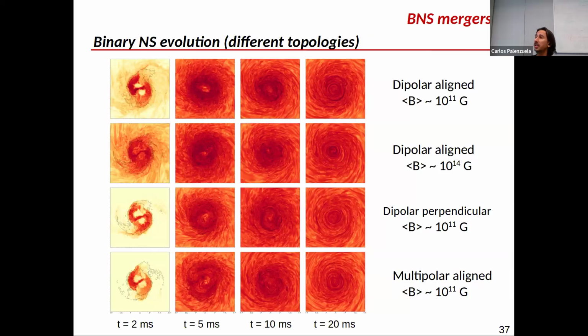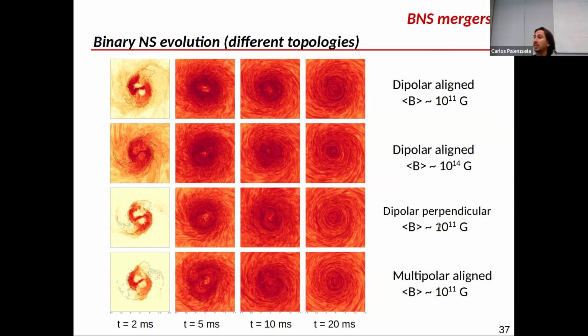So this is the standard case, our fiducial case, where the magnetic field was 10 to the 11 Gauss on average, and it was dipolar, large scale, and aligned with the angular momentum of the system. In the second one, it's also dipolar and aligned, but much stronger, 10 to the 14 Gauss.